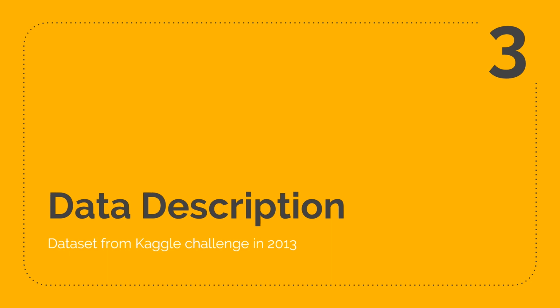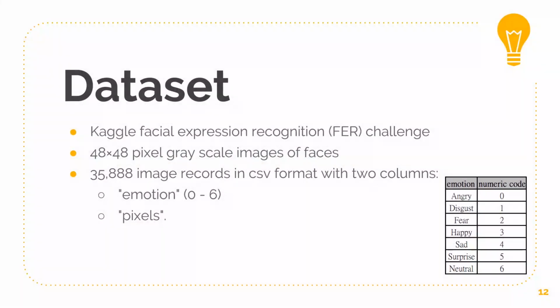Then let's look at the data. For the dataset, we used the facial expression recognition dataset from the Kaggle Challenge in 2013. The data consists of 48 times 48 pixel grayscale images of faces, and it contains around 36,000 records in CSV format. The CSV file contains 2 columns, emotion and pixels.